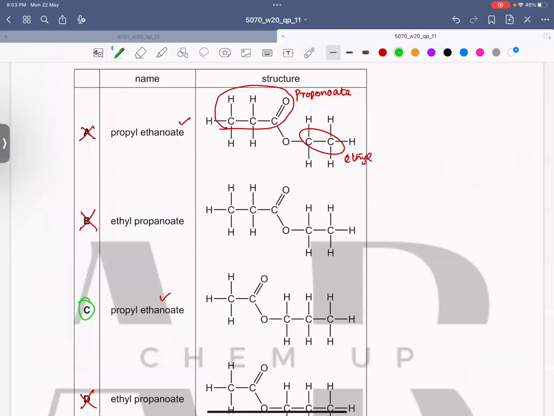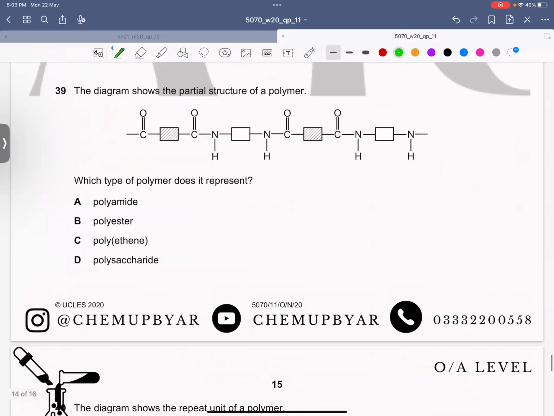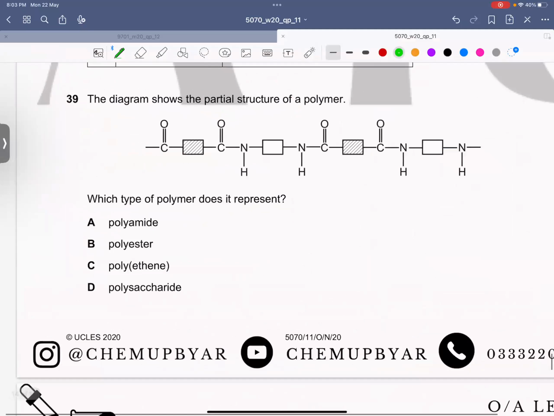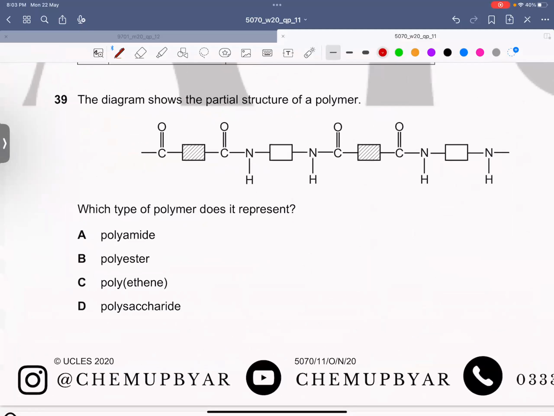Okay. Question number 39. The diagram shows the partial structure of a polymer. Which type of polymer does it represent? If you see over here, which link is there? Yes, C double bond O bonded to nitrogen.